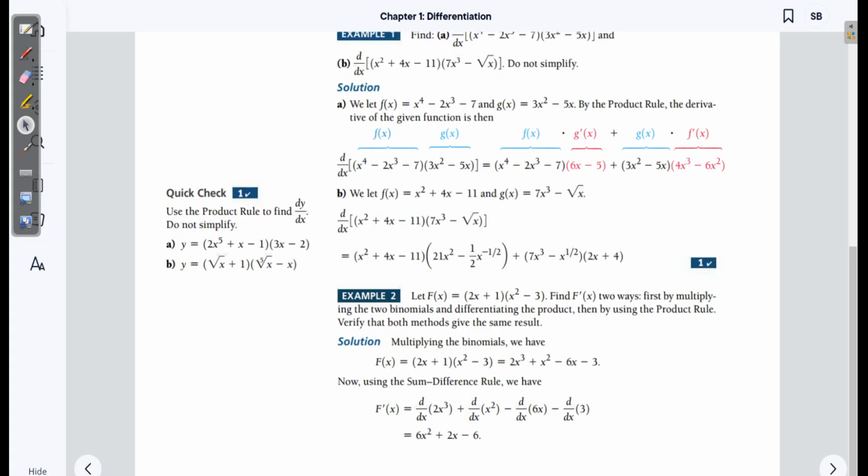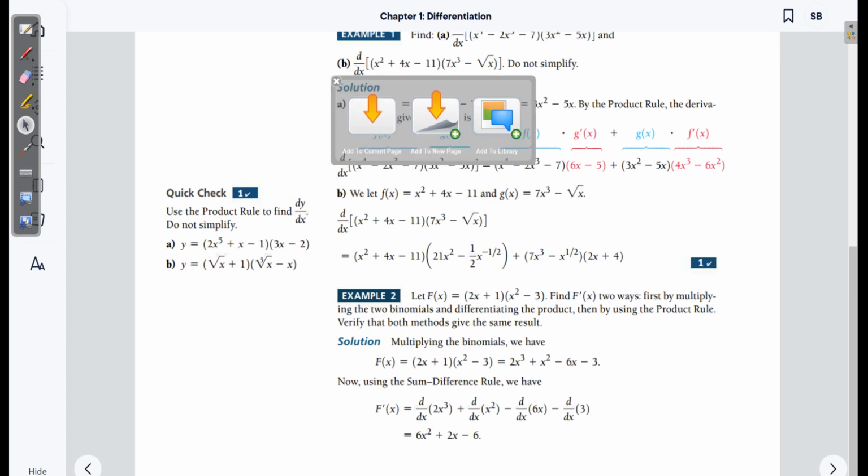All right, next it wants us to do our product rule. Okay, so the product rule. So we're just going to do this in one color now. We've kind of padded out how to do all the color coordination and stuff.